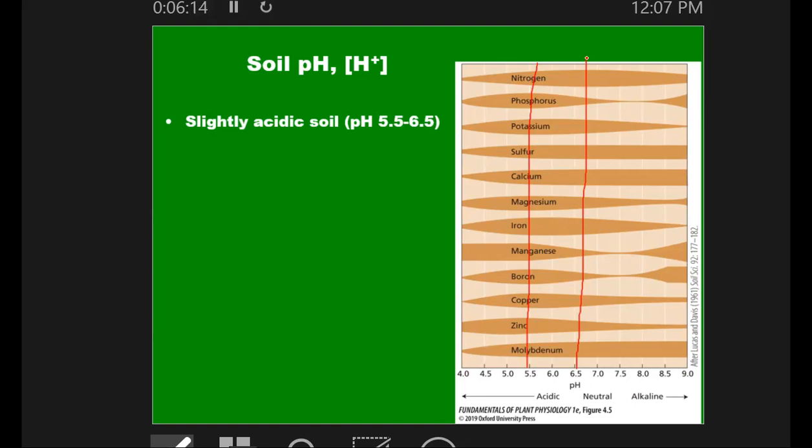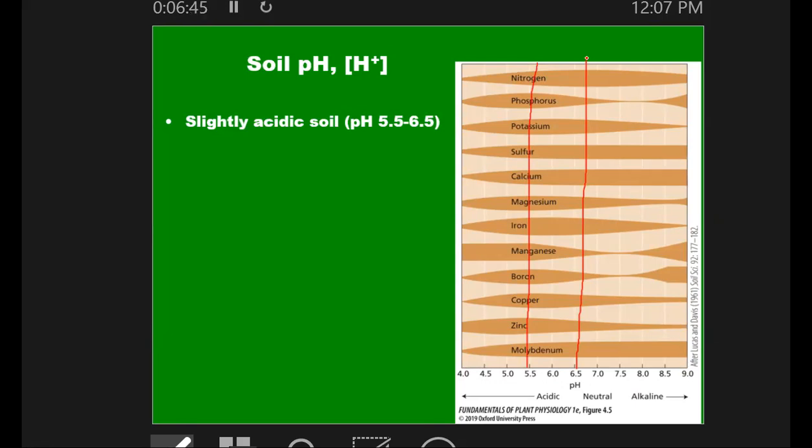You can see, for example, boron is really nicely available. This is just a nice demonstration showing that roughly pH 5.5 to 6.5 is where we see nice availability.